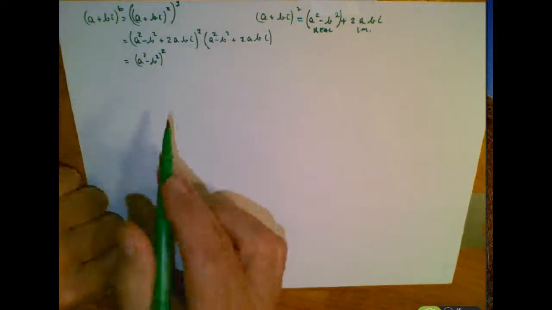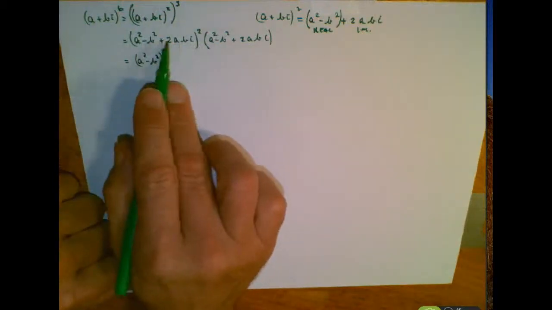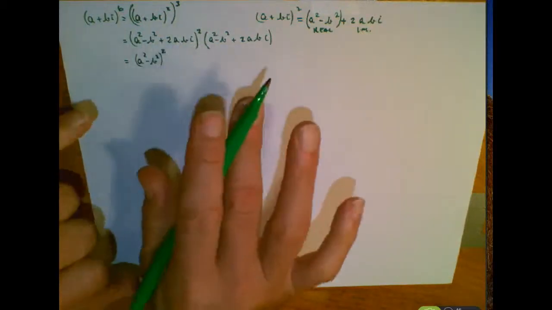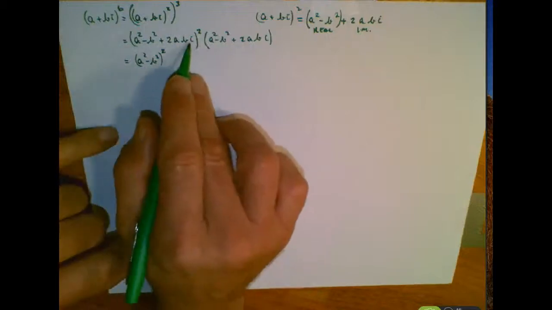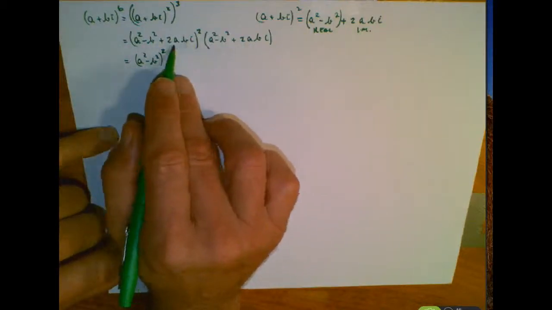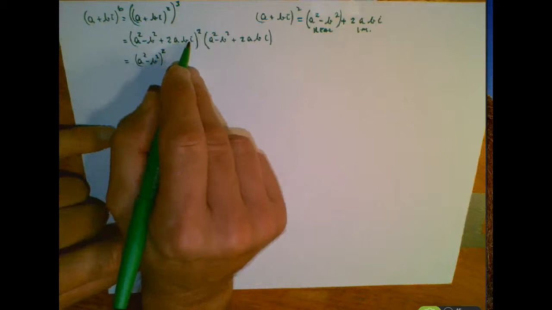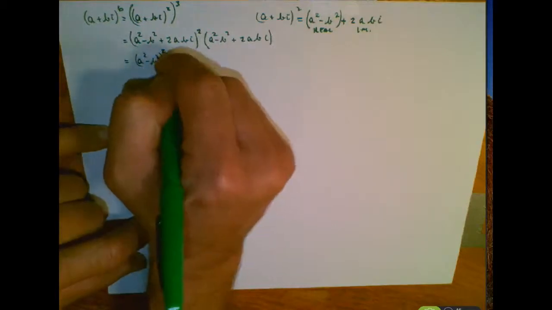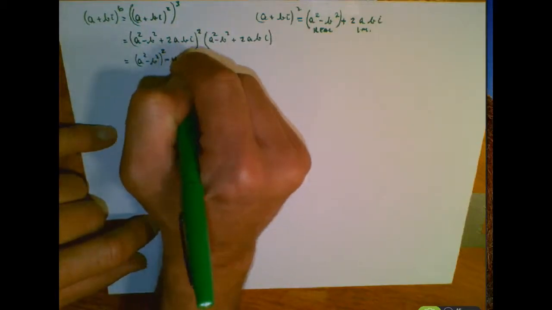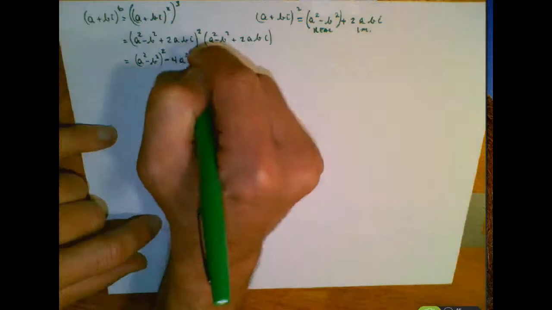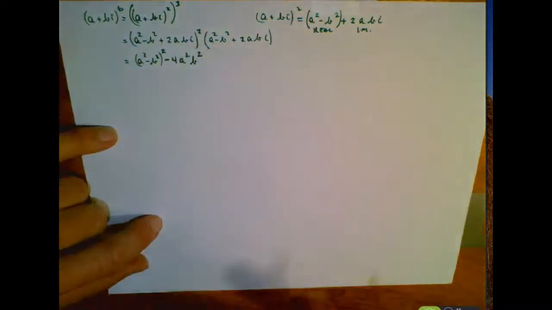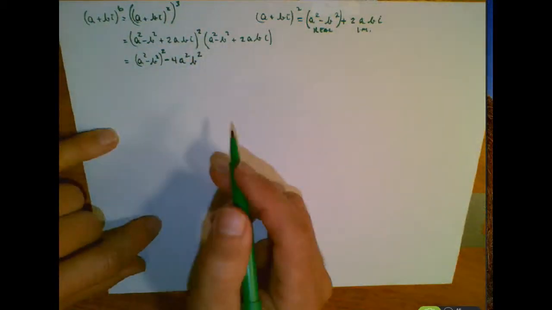And notice this times this is going to be my imaginary term, so I'm going to leave that to the end. The next thing I'm going to do is square this. This would be 4a squared b squared i squared, so it's going to be minus 4a squared b squared. Notice the i squared turns into negative 1.